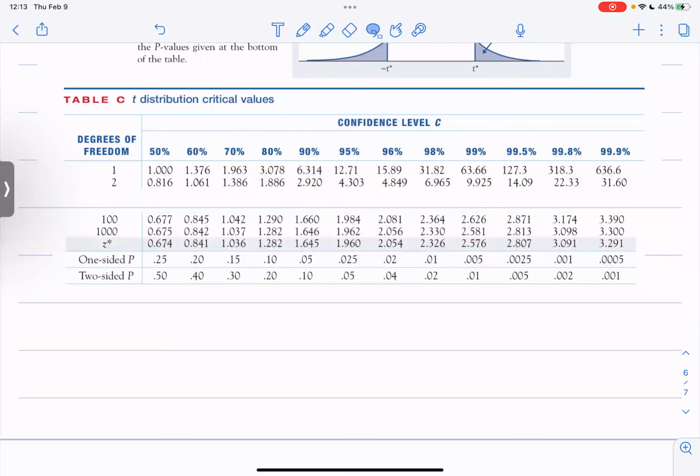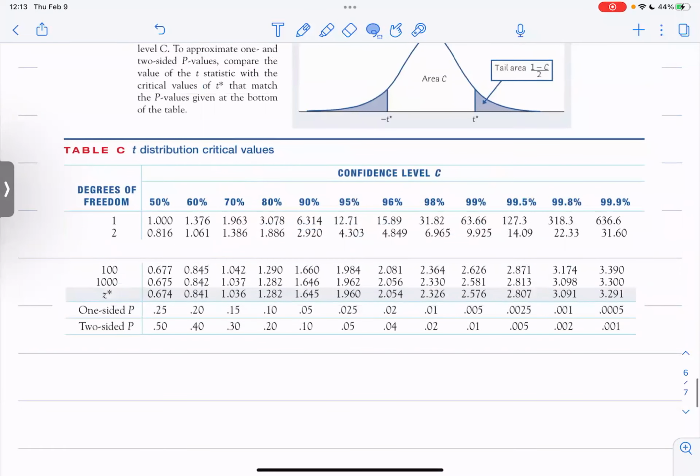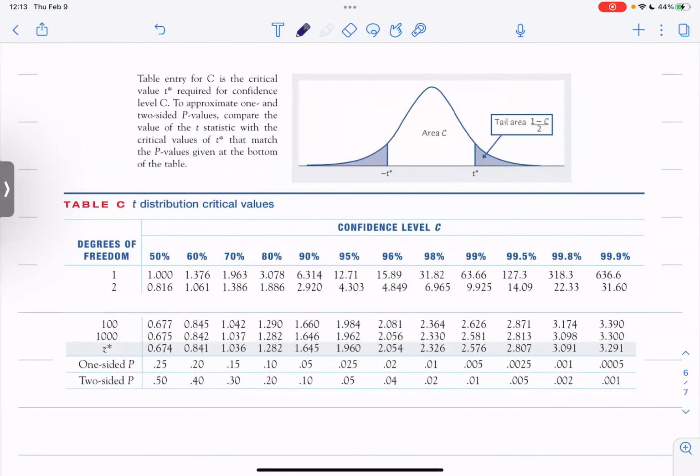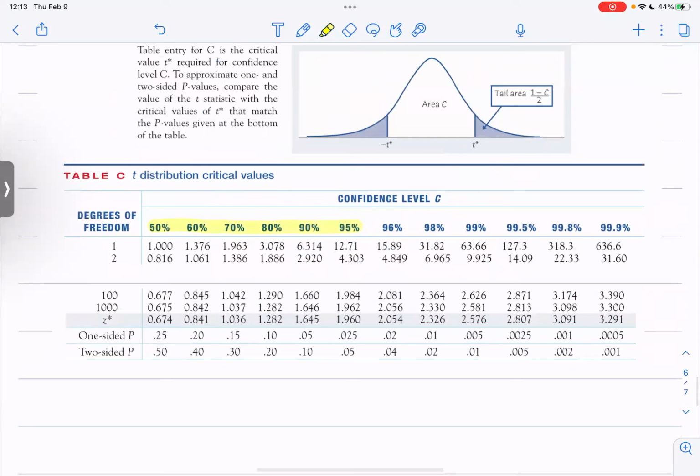Okay. So here, what we're interested in, we're gonna use this in a bit. We're gonna use this Z star row, and potentially either one of those.